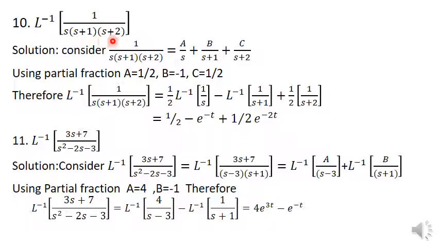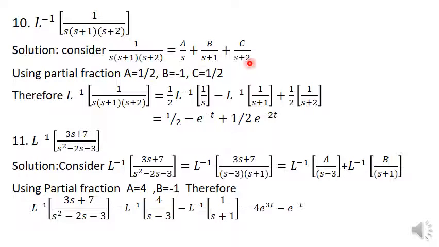Now, what we will do, we consider 1 over s into (s plus 1)(s plus 2) by resolving into partial fractions, which can be written as a divided by s plus b divided by (s plus 1) plus c divided by (s plus 2). Using the partial fractions, we are able to find the values of a, b, c. As you know, the value of a is 1 by 2, b equal to minus 1, c equal to half.